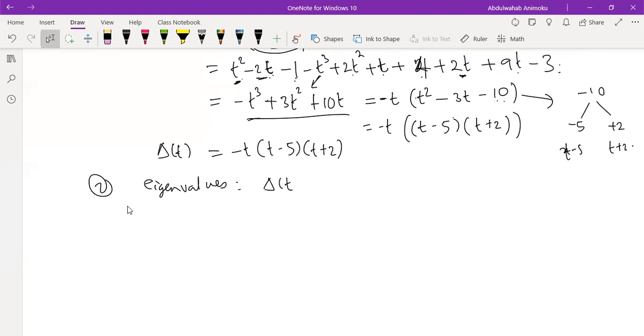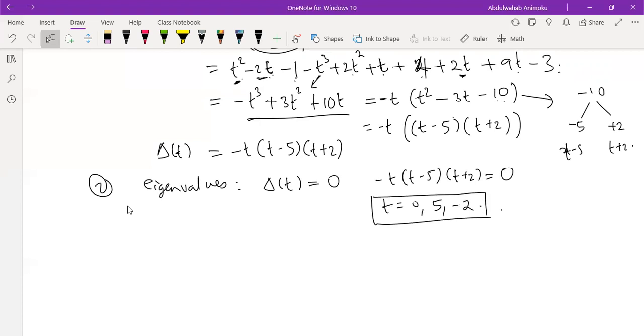So mainly we are looking for t such that this polynomial will be equal to 0. So that basically means minus t, t minus 5, t plus 2 equal to 0. Now this gives us t equal to 0, t equal to 5, and t equal to minus 2. So these are the three eigenvalues for this particular matrix.